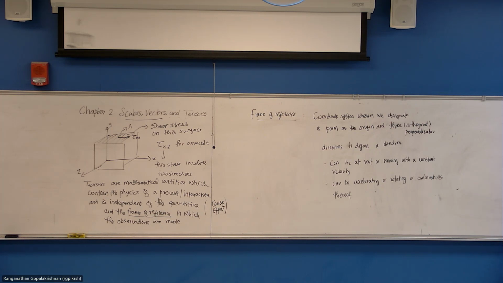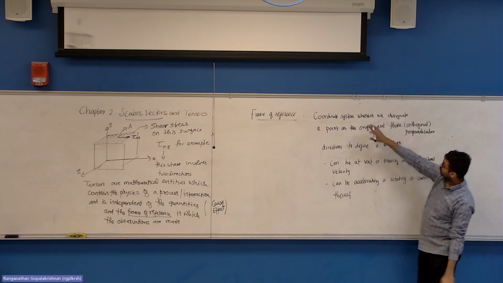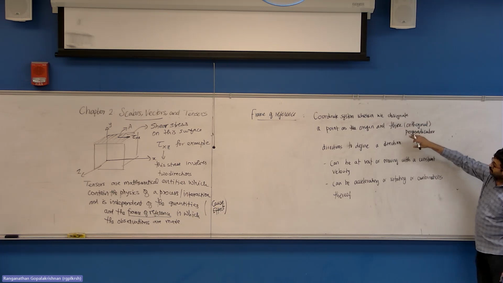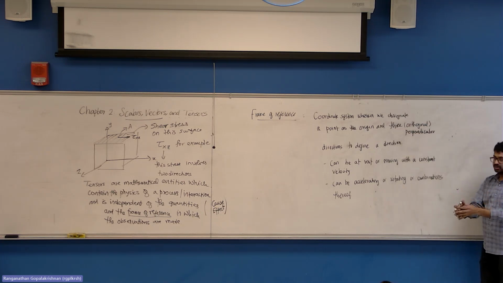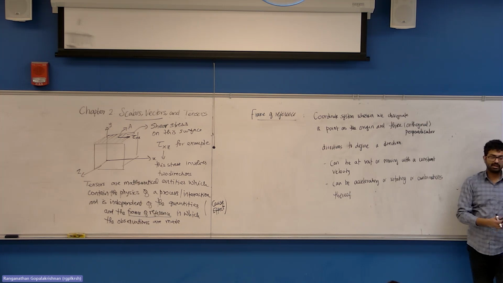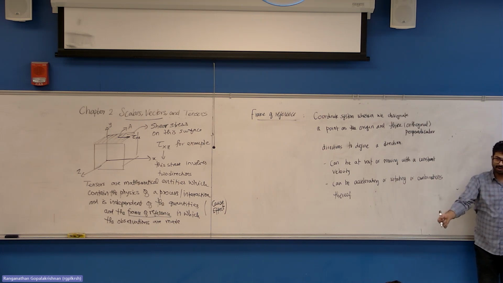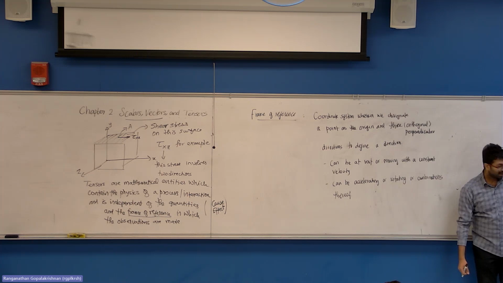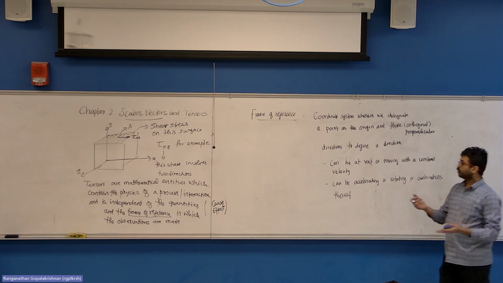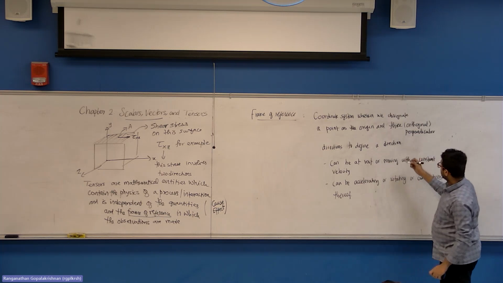Okay. So a frame of reference is a coordinate system wherein we designate a point as origin from where we measure all our distances. For example, you could take this room and make that corner the origin so that you can measure all distances, or all vectors, from that point. And we can make the three lines at the corner the x, y, and z directions.